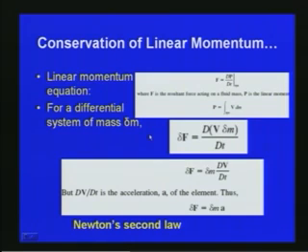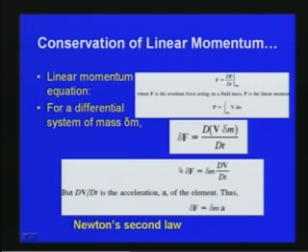Delta m is constant, so delta m can be taken out: delta F is equal to delta m dV by dt. Here V is the velocity, and dV by dt is the acceleration a of the element which we are considering.